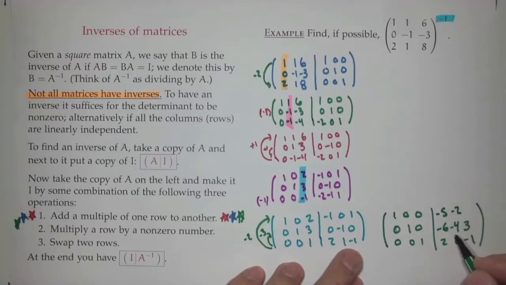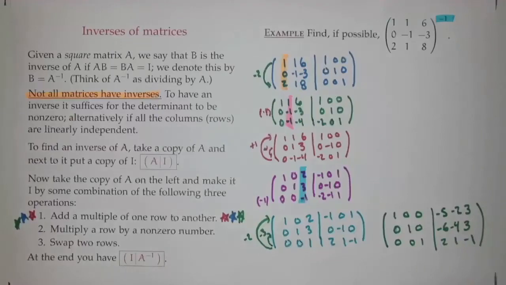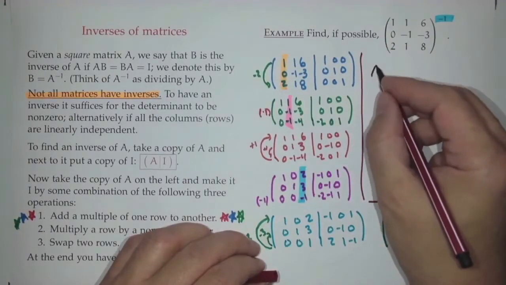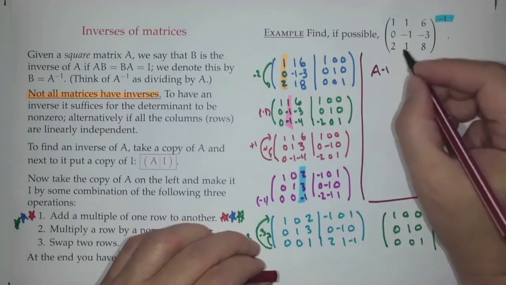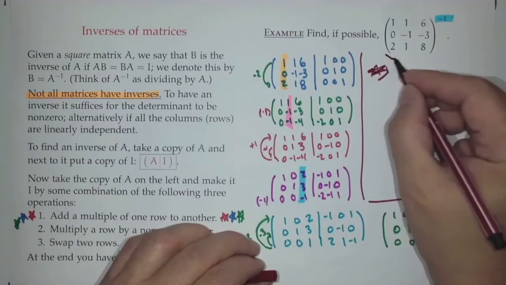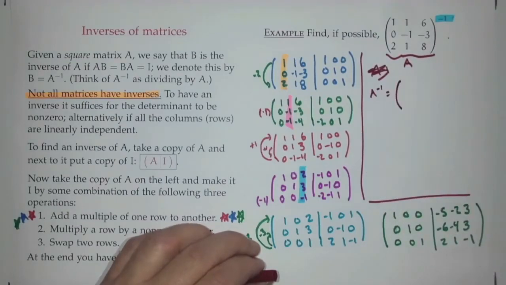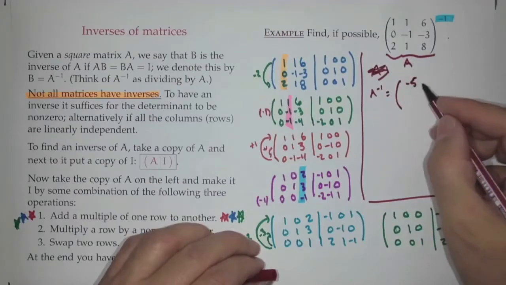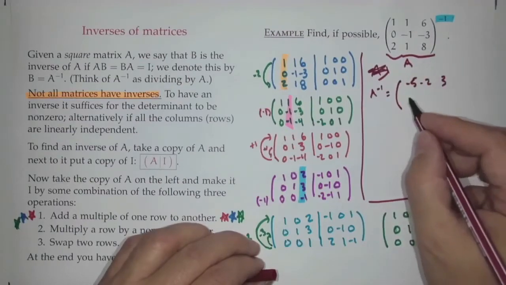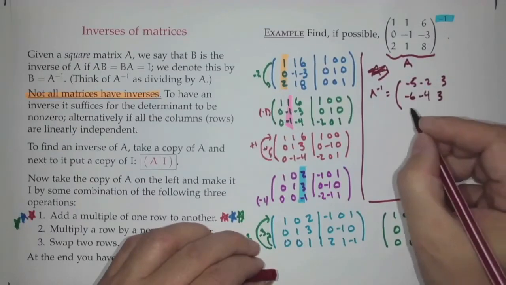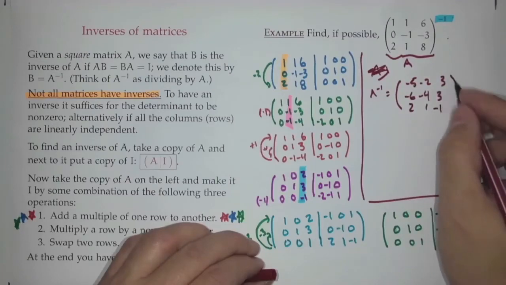Negative 2, 3. So we got to the identity, and so our claim is that we're finished, and that if we're calling this matrix here A, then A inverse is this matrix: negative 5, negative 2, 3, minus 6, minus 4, 3, and 2, 1, minus 1.